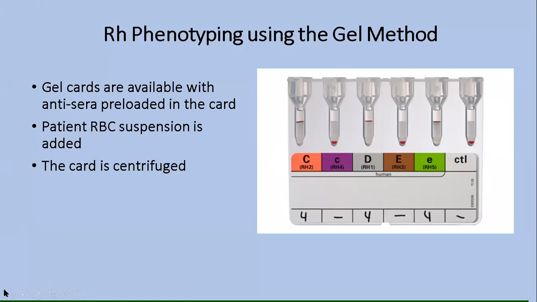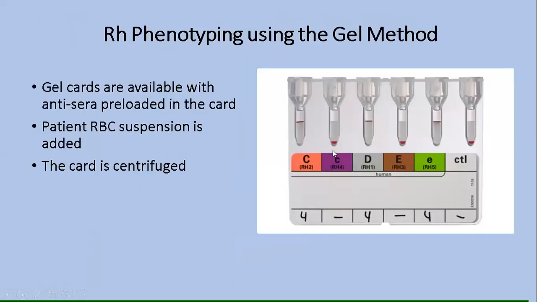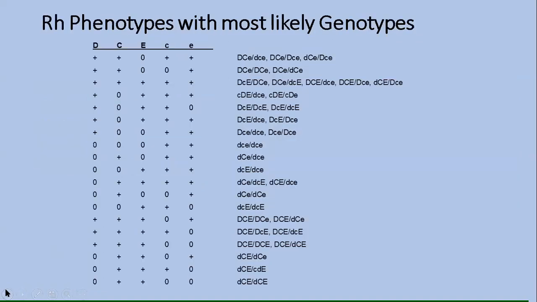So let's go back and find their genotype. I should write this down. They lack little c and big E. Okay, so it's going to be D positive. They don't have big E, but they also don't have little c. Aha! What do you guys think? Big D, big C, and little e? Could it be?